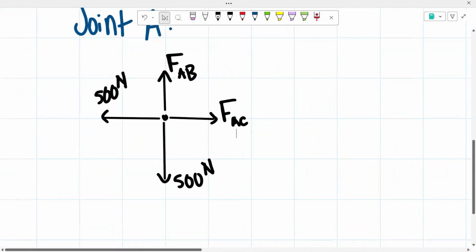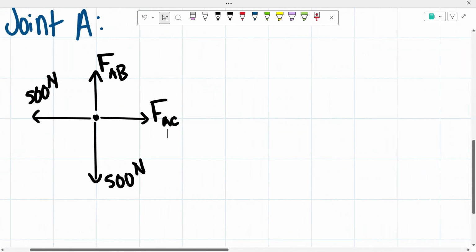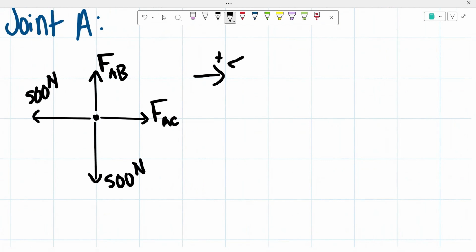Now that we have this joint, we're just going to determine the value of these forces by taking the sum of the forces in the x direction and then in the y direction. You're going to see why I decided to start off with joint A. I'm going to start with the forces in the x direction. We know that the sum of our forces in the x direction has to equal 0.